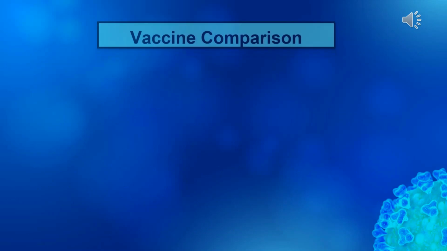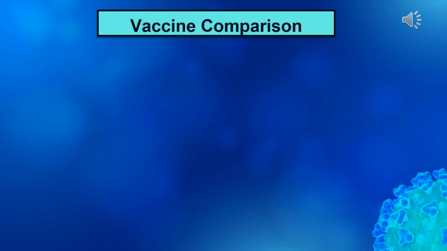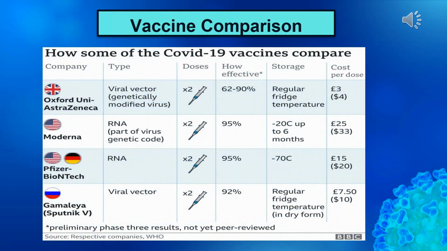Now, let us examine comparative details of some approved vaccines all over the world. See the table and make clear the differences between various vaccines available. Oxford AstraZeneca and Gamaleya or Sputnik V are viral vector vaccines. But Gamaleya has effectiveness more than AstraZeneca.